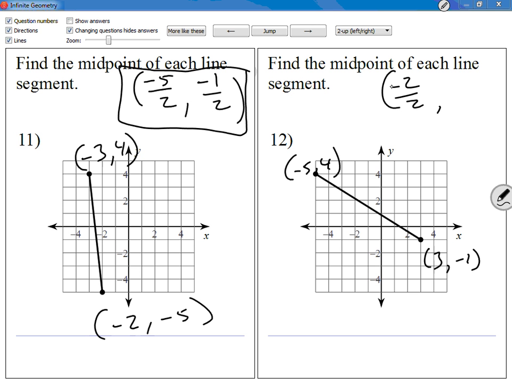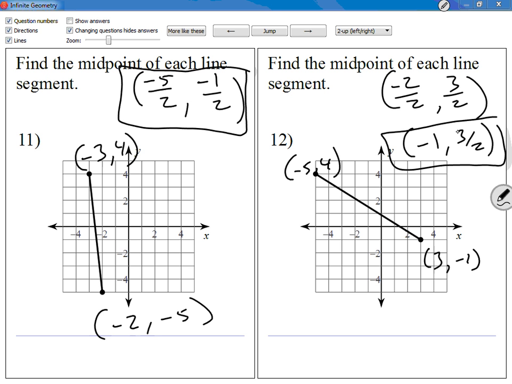For the y value, how much is 4 plus a negative 1? 3. I'm just going to finish calling this negative 1 and 3/2. So in fact, if you guys want to graph it, it's right there, which is the midpoint of the segment.